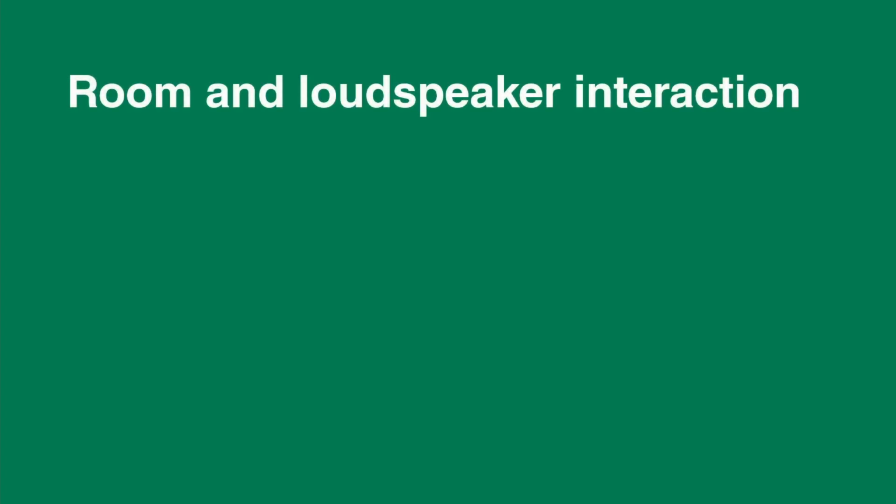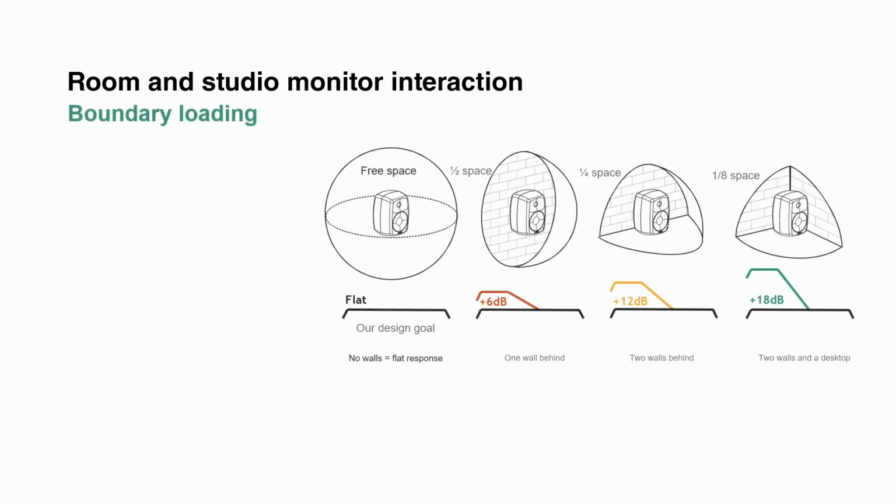Room and loudspeaker interaction. An incredibly common phenomenon that we see whenever we place a loudspeaker in a room is boundary loading. So this is the issue of placing a loudspeaker next to a wall or in a corner, and the byproduct of that is we'll generally see issues with the mix translating, specifically in the low frequencies.